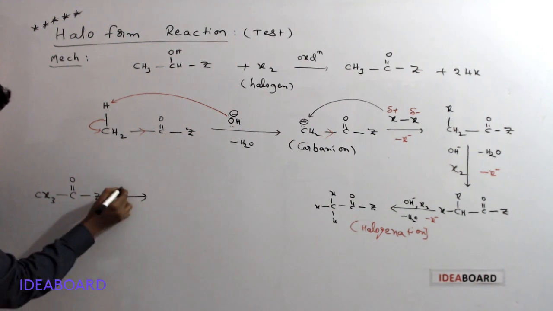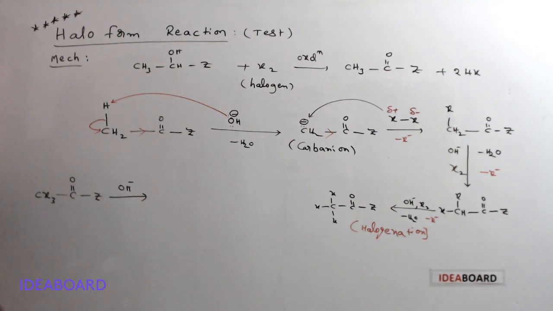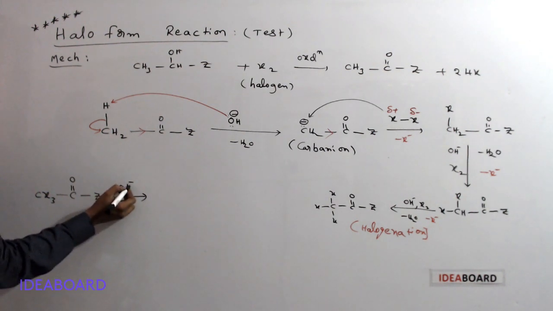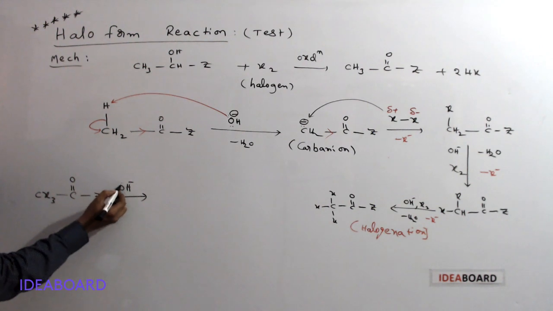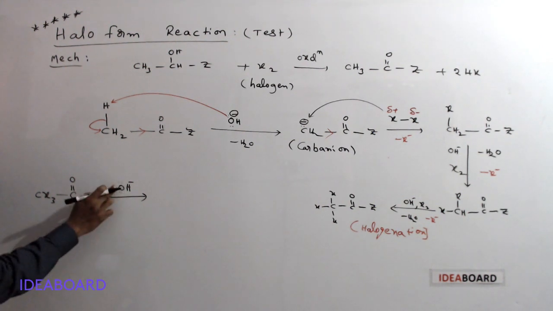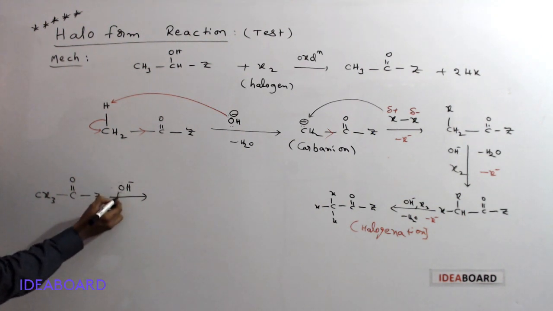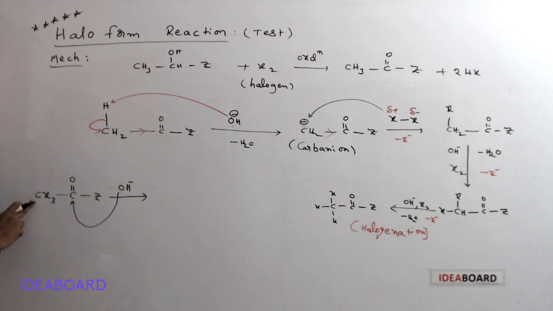Again, if I am trying to attack with a base, if a base is present, then the base will attack. This base will now attack on the carbon atom because there are no protons here to attack. So now it attacks on carbon.